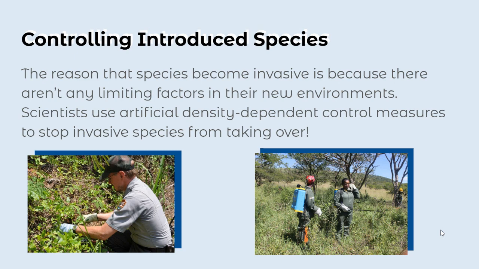So this is really, really relevant, and something that happens a lot all over the state, all over the country. So that is how we can use density dependent and density independent factors to control species that otherwise would be out of control.